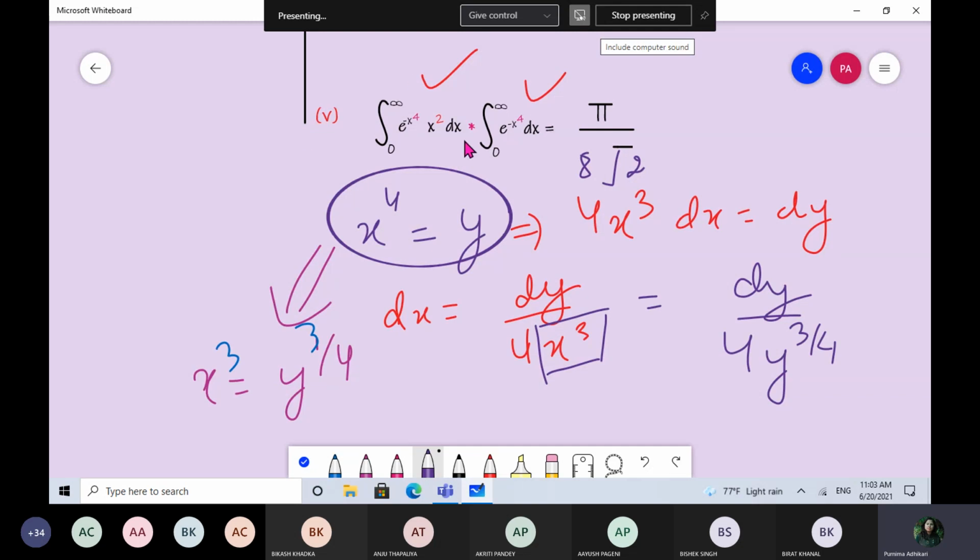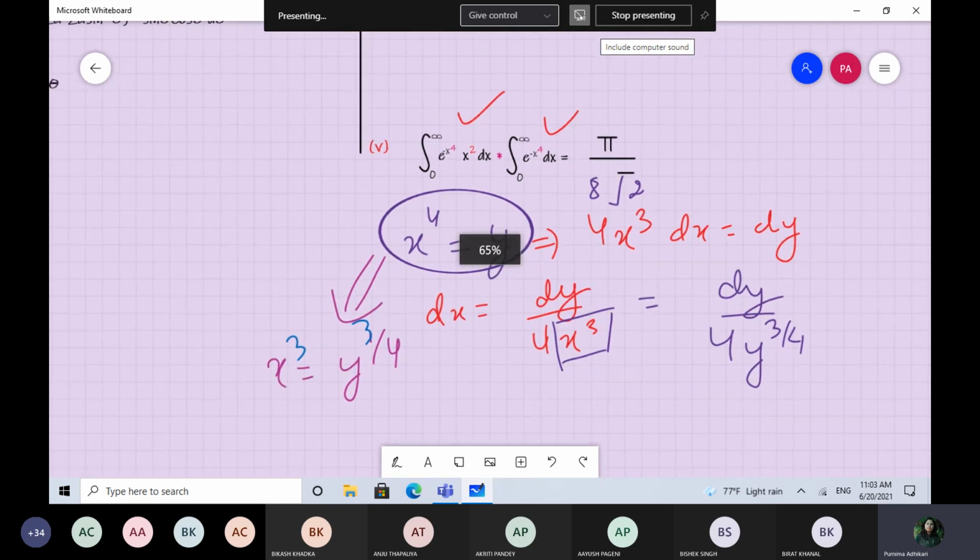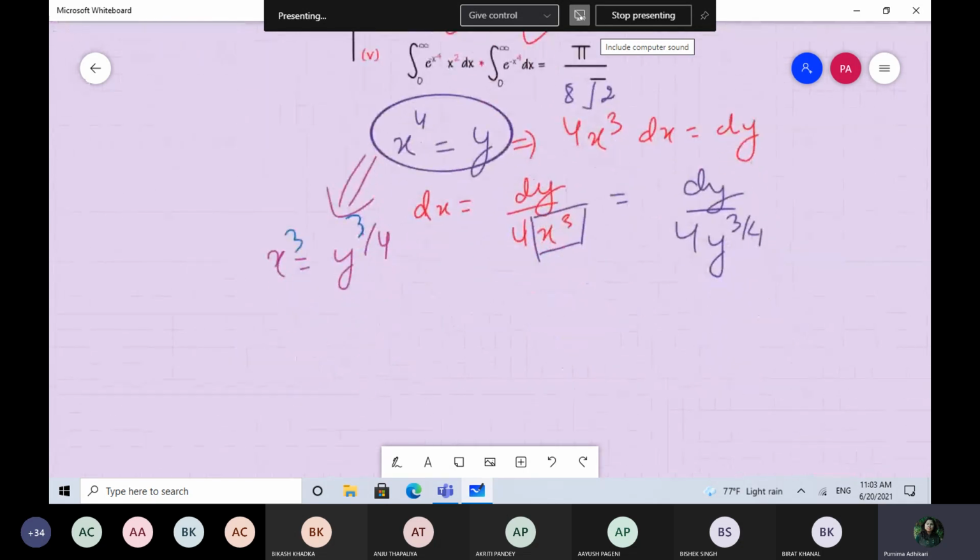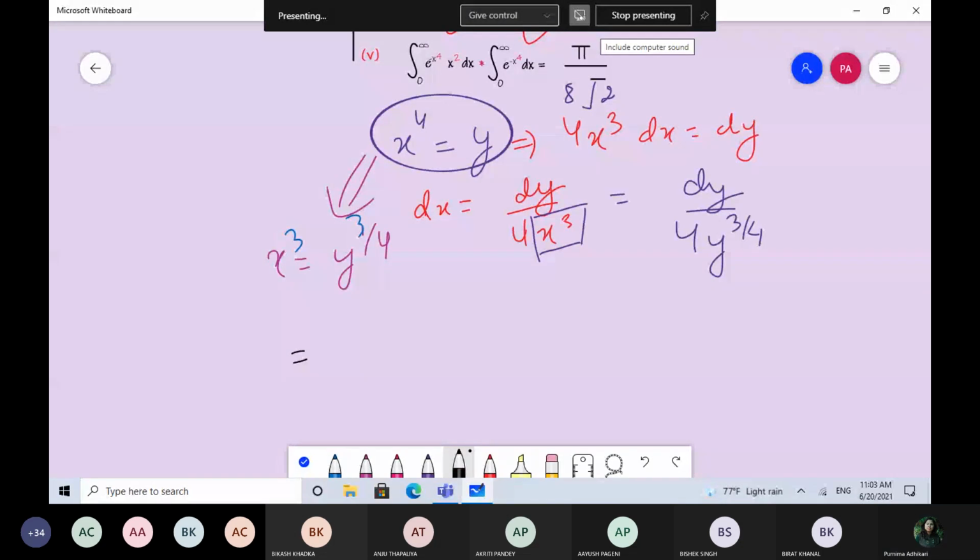Let's look at the limits of integration. When x is 0, what is your y? 0. When x is infinity, what is your y? Infinity, isn't it? So your limits did not change, the desired limits remained the same. Okay, so your new integrals will be, look at this part. I'm just substituting here.